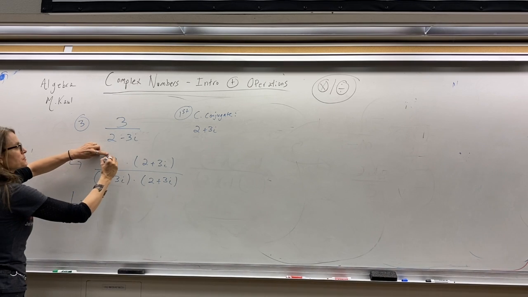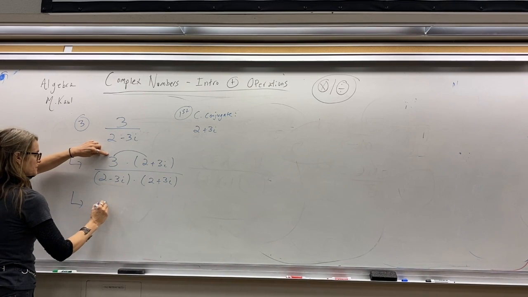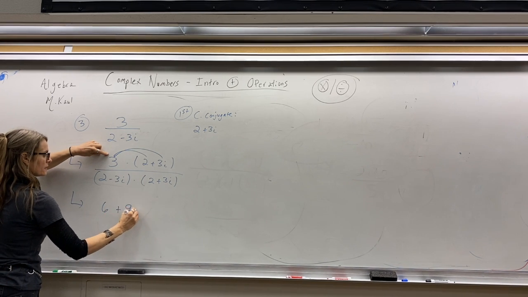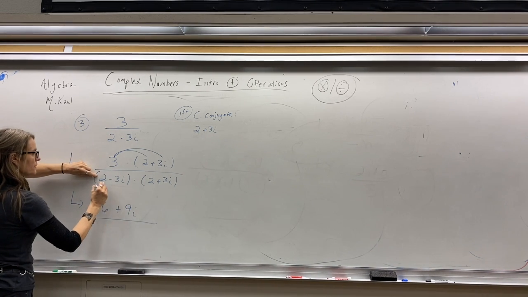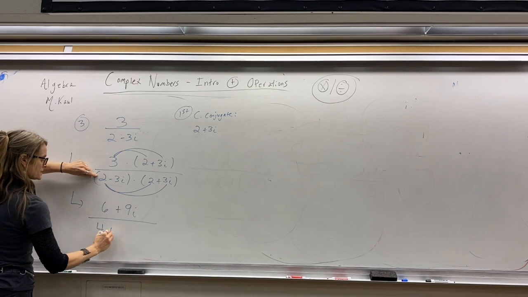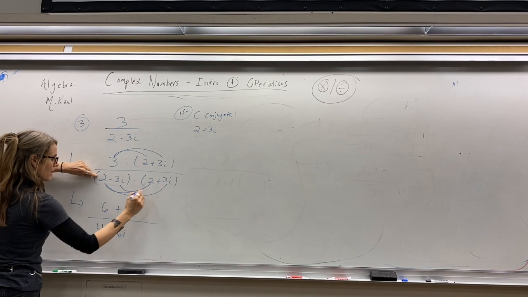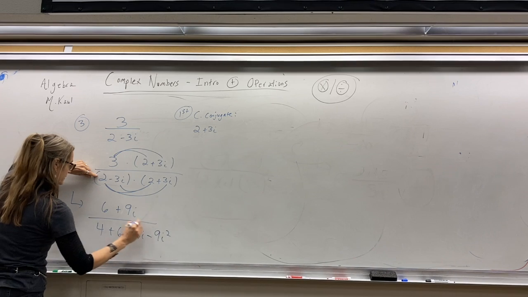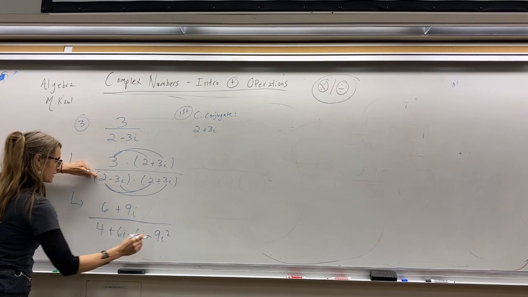This becomes 3 times 2 is 6, 3 times 3i is plus 9i, and this is all over 4 plus 6i minus 6i minus 9i squared. Okay.